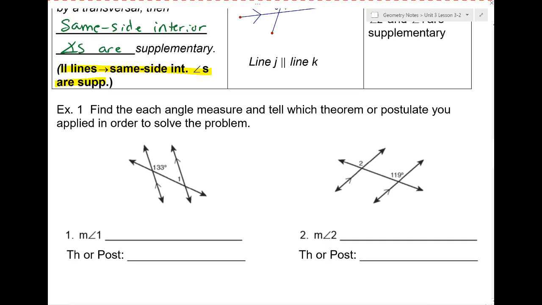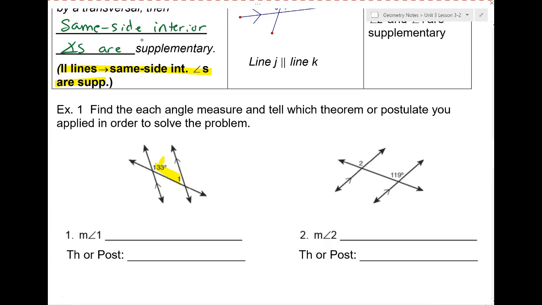For example 1, let's look at number 1. I want to know the measure of angle 1. Look at the diagram. What do you know about your lines? They're parallel. So I need to start thinking, are corresponding angles congruent? Are alternate interior angles congruent? Are alternate exterior angles congruent? Or same side supplementary? What angles do I have there? Those are same side interior, guys.